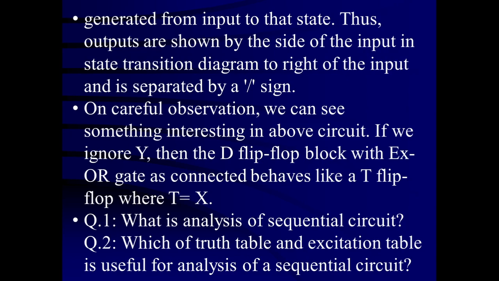Where X is going to be 0, what happens? No change condition. The output will take the value of the previous output only. Qn plus 1 is equal to Qn only. But when T is going to be 1, or X is going to be 1, then the output is going to be complemented, or it is working in toggle mode. So this way it behaves like a T flip-flop.